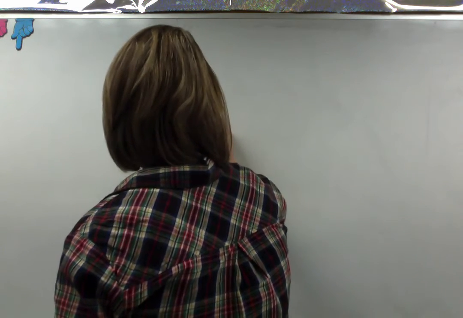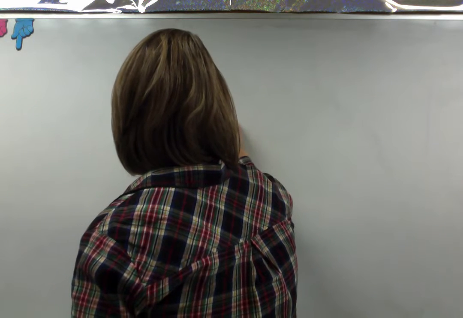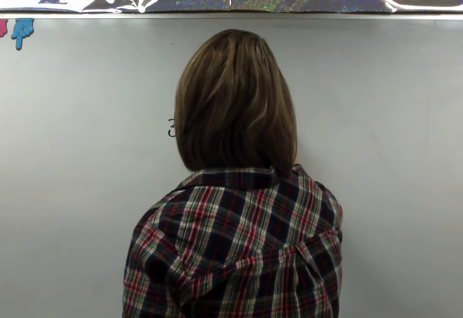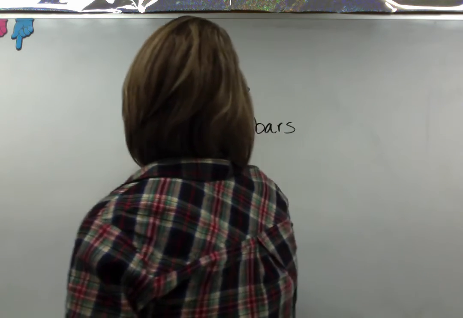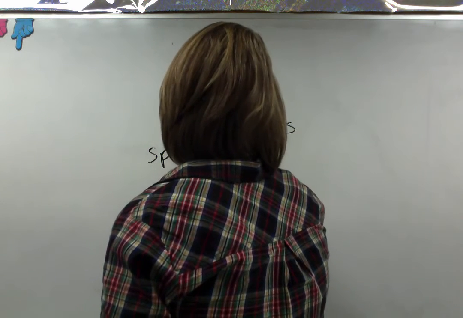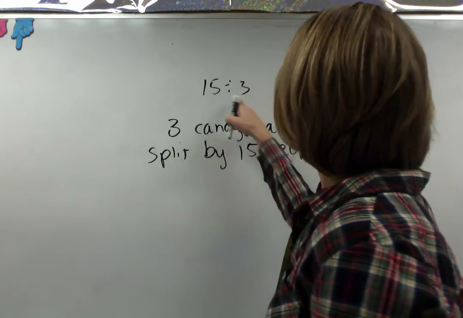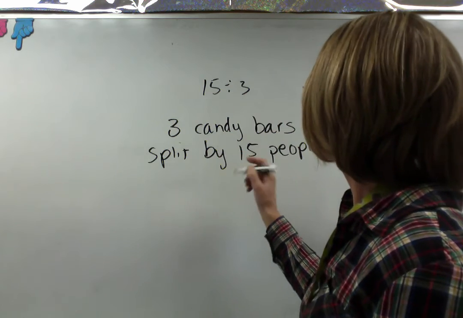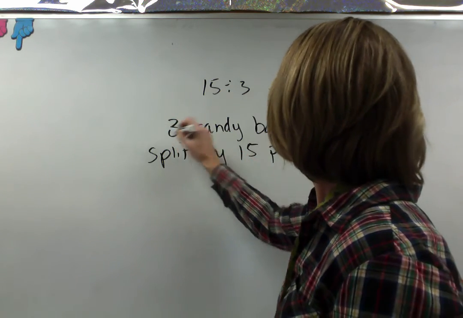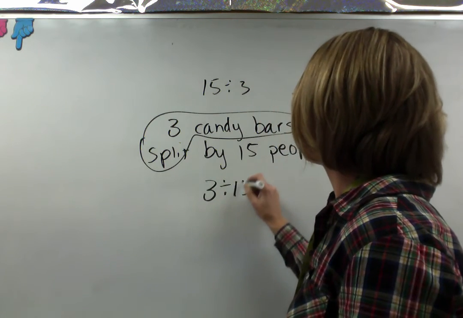So you can't say 3 candy bars split by 15 people. Okay? So if you want to do 15 divided by 3, this wouldn't work. Okay? Because in this problem, the 3 candy bars are being split. So this problem would be 3 divided by 15.